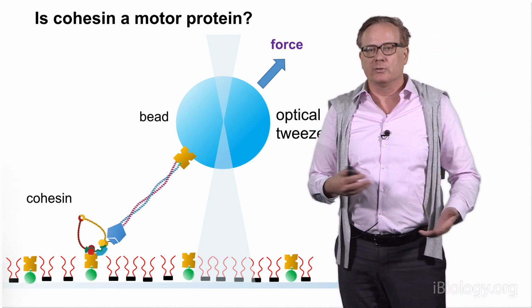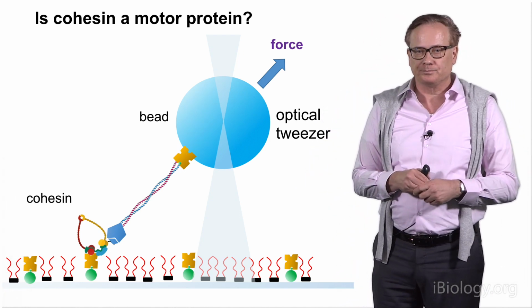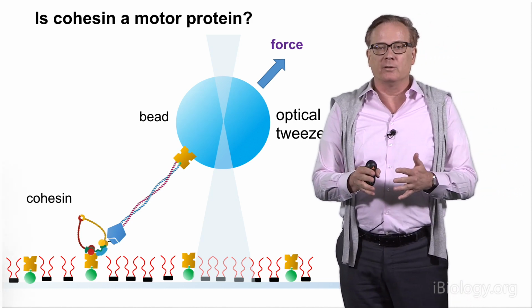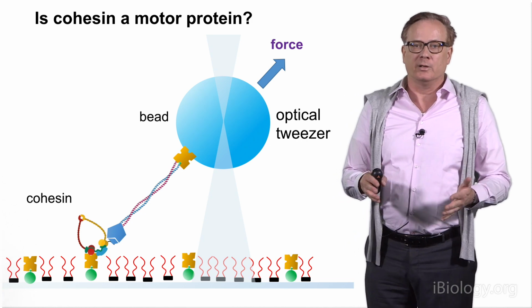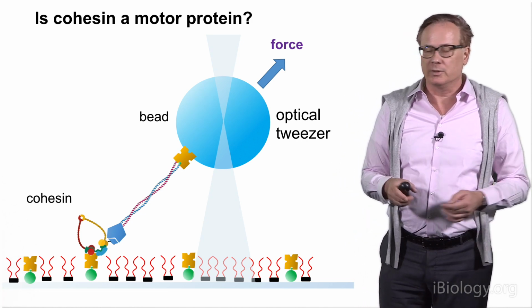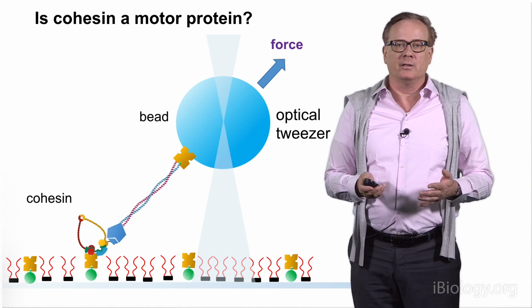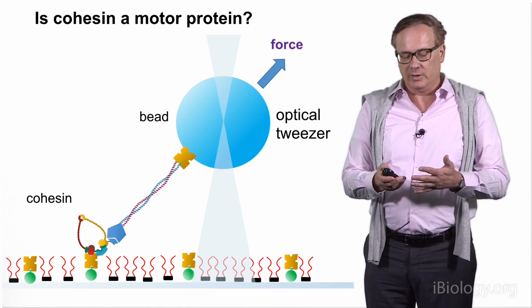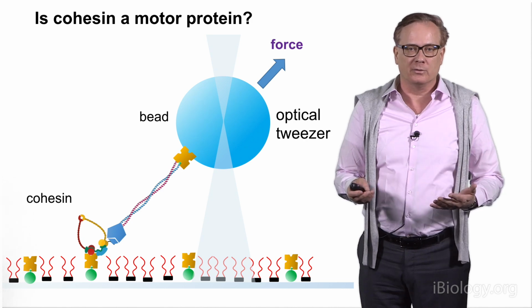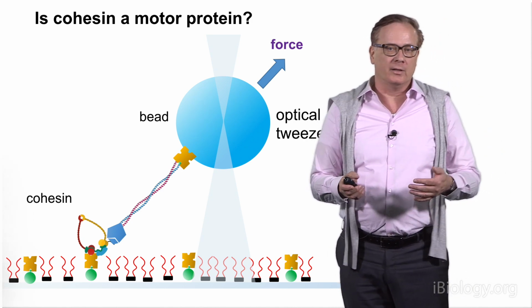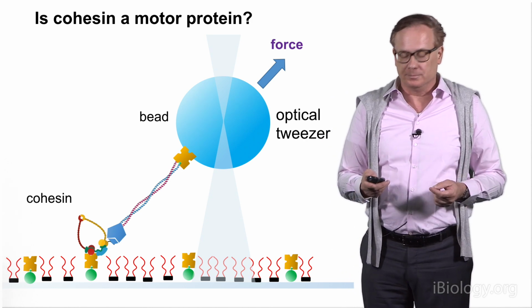This so-called optical tweezer type of experiment allows, at the piconewton scale, a measurement of forces that are generated by proteins, such as motor proteins. And it turns out from these experiments that indeed, under the right conditions, cohesin is able to perform a power stroke, to perform mechanical work, which we think it uses to bend DNA.